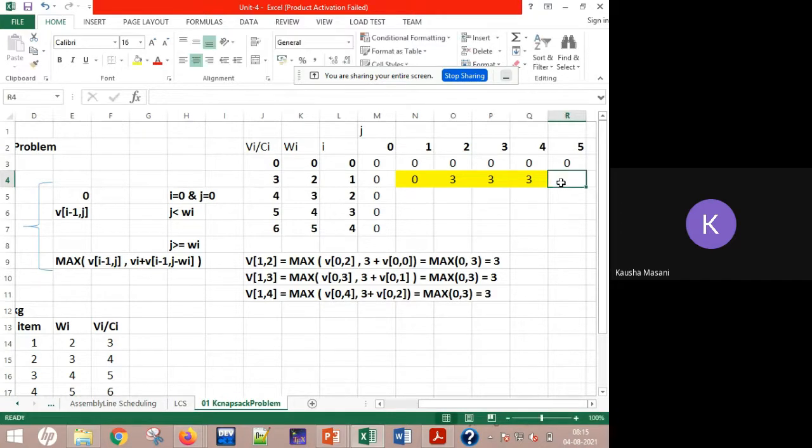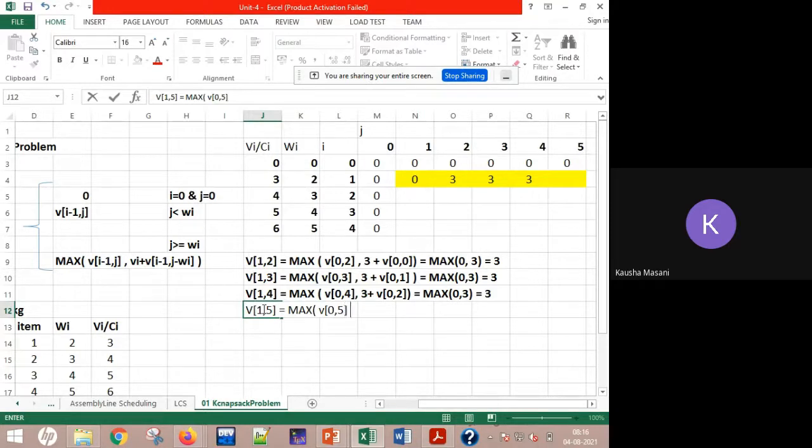Okay. And the last value here. Dhruvil, give me the last value. 1 comma 5. Compute the formula for me. Max of 0 comma 5.